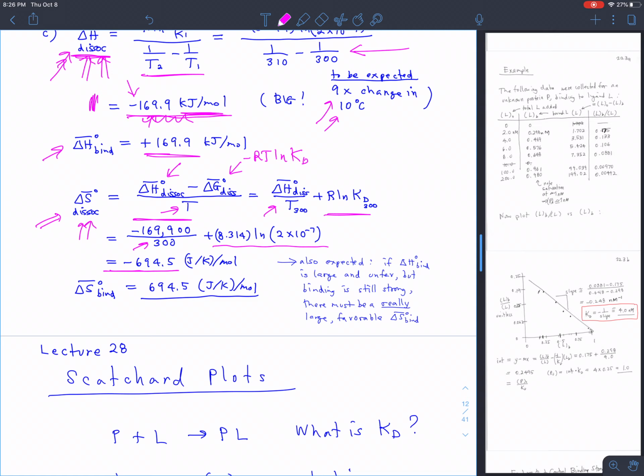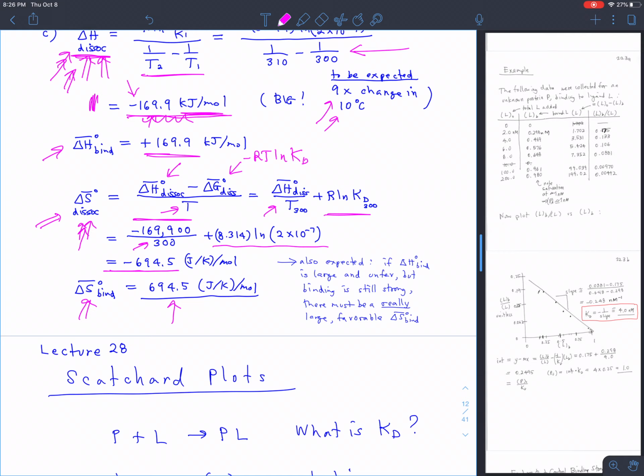In other words, what these numbers are telling us is that dissociation is large and exothermic, and its delta S is very unfavorable. There's a lot of loss of entropy when you dissociate. That means, though, that the delta S of binding is the negative of that, plus 694.5 joules per K per mole.